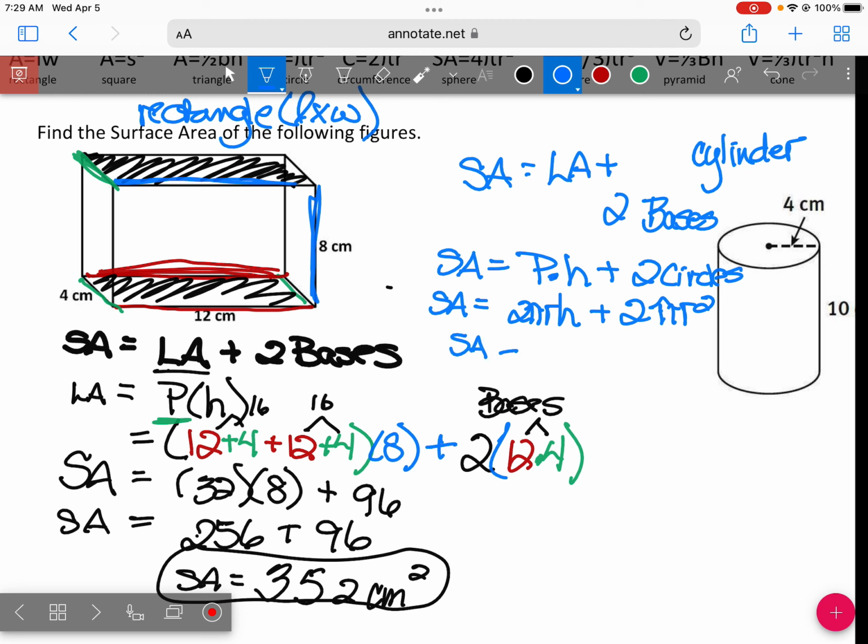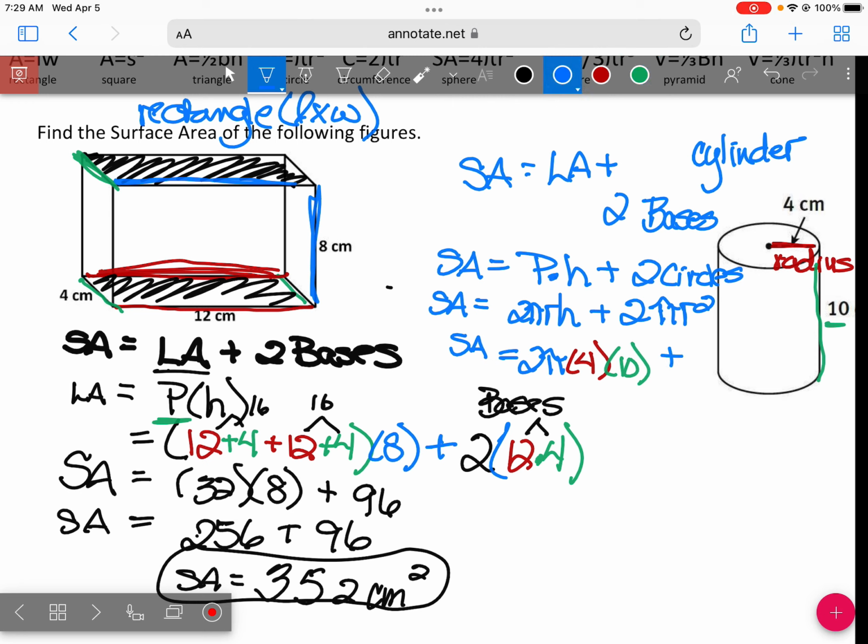So let's get some numbers in here. Surface area of this cylinder is 2 times pi times, what is my radius? 4. Yes. So right there's my radius, which is 4, times the height, which is going to be 10. That's your height.